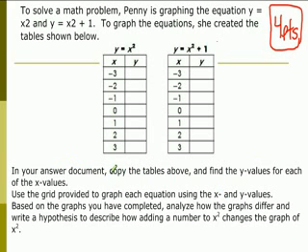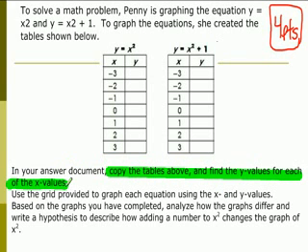It says in your answer document, copy the tables and find the xy values. Use the grid provided and graph each equation.